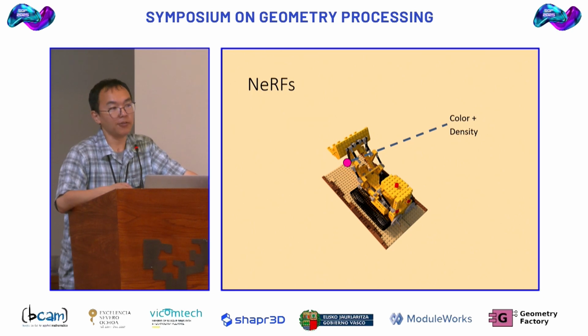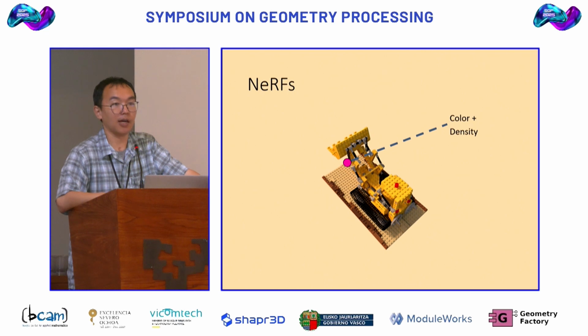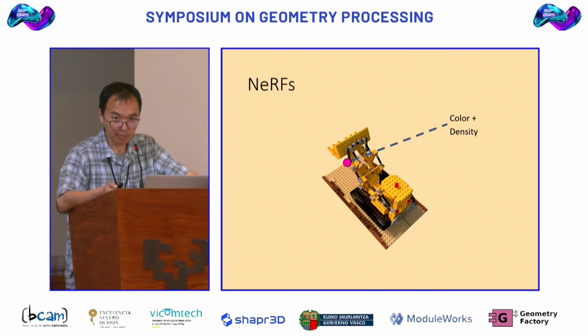If you have that, then you can do rendering using volume rendering. Do some integral. And both color and density fields are learned from training images, also through neural rendering. You solve an optimization procedure. NeRF takes hours, and Gaussian splatting takes less time.